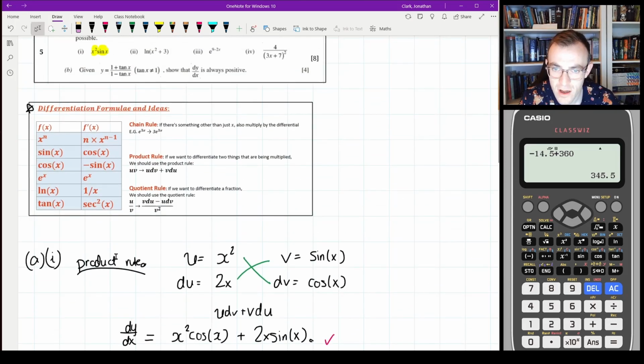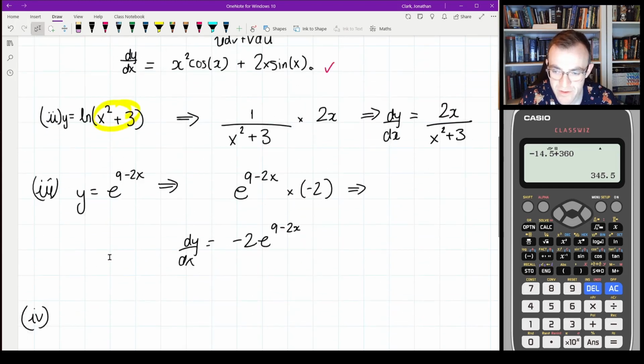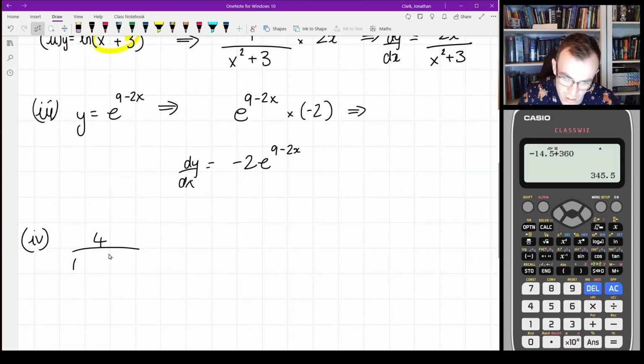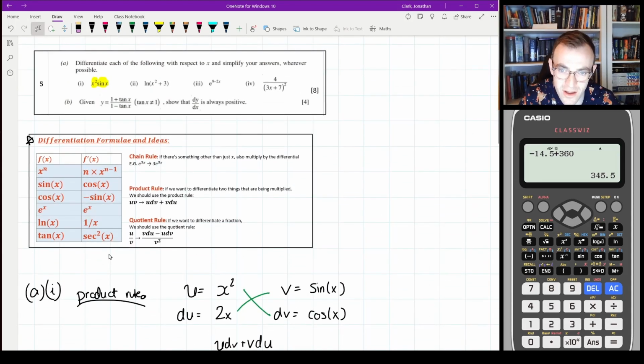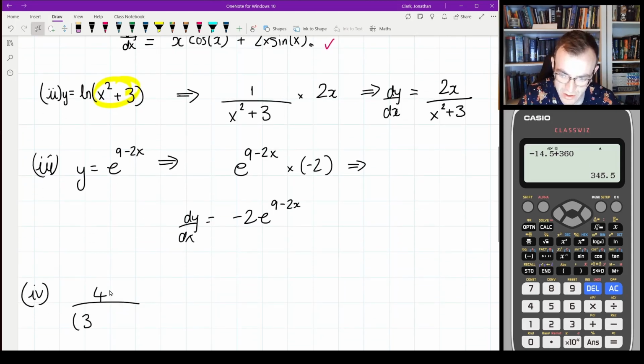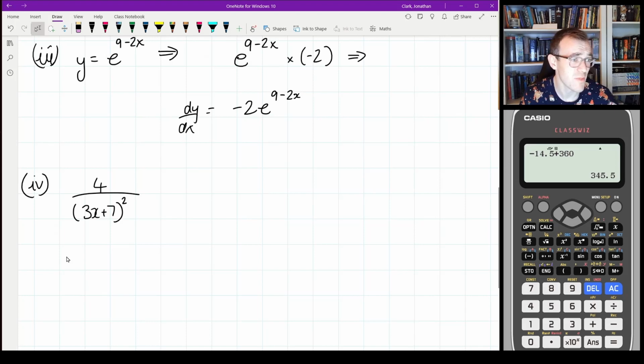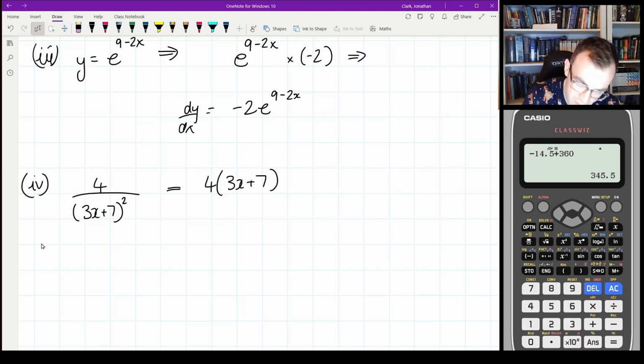Finally, part 4. Part 4 is a fraction. 4 divided by 3x plus 7 squared. Okay, two methods for this. Either say, oh, it's a fraction, I'll use the quotient rule. But what's maybe a bit easier is to say, okay, this is equivalent to 3x plus 7 to the power of minus 2 instead of squared on the bottom.